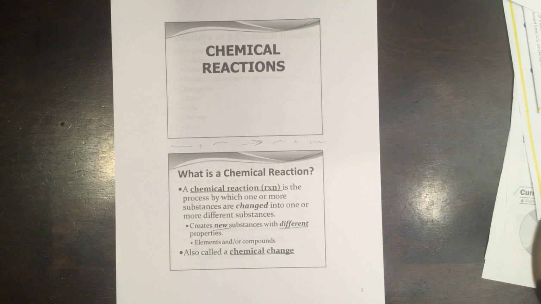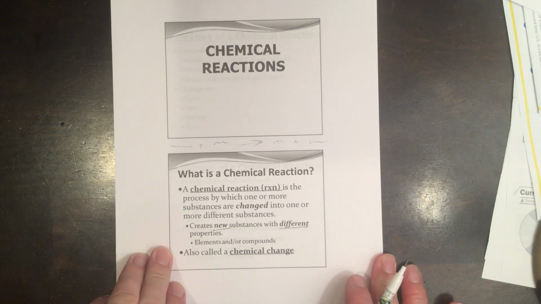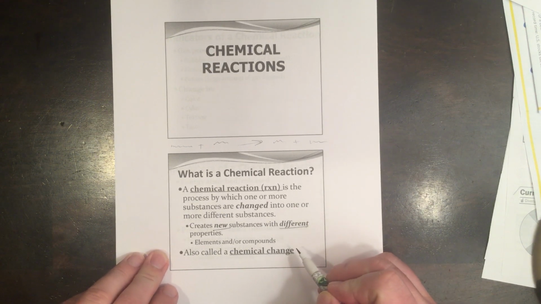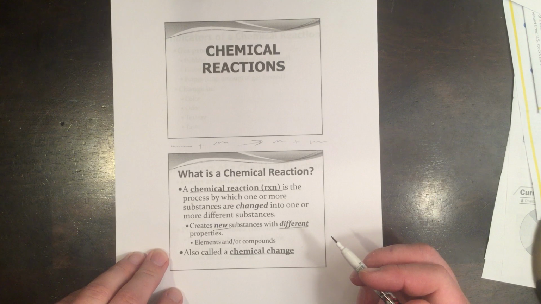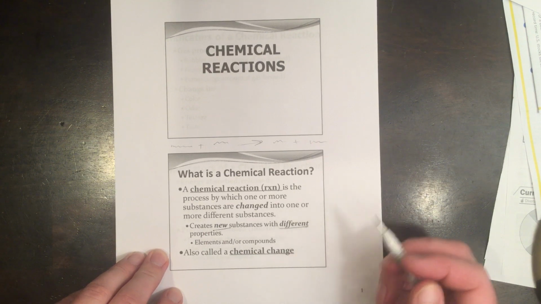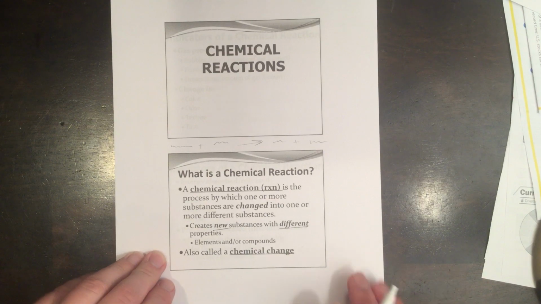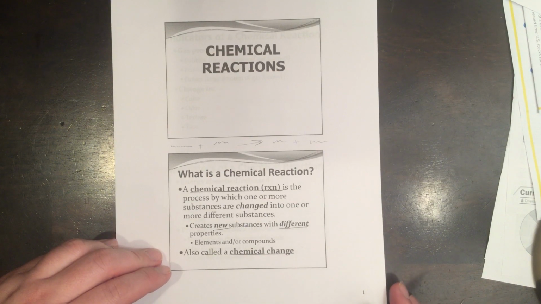If they had the same, then why would it ever go through a chemical change? It wouldn't. So we call these chemical changes. If you remember back maybe a couple units ago, with a chemical change, you might notice something like a color change or a smell or something like that that might indicate a chemical change has occurred.